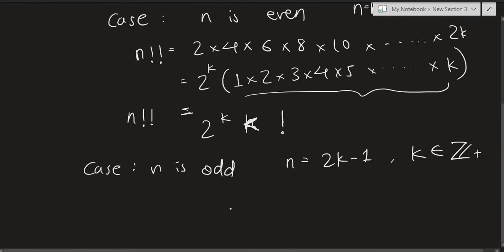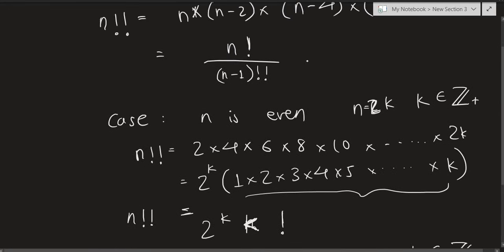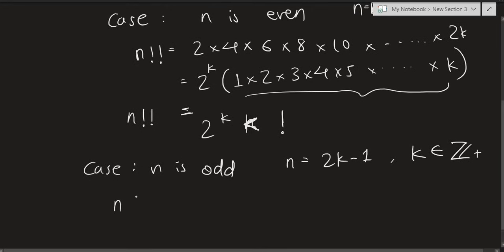So using this definition of the double factorial, we can write that odd n double factorial as just a regular n factorial divided by n minus 1 double factorial.